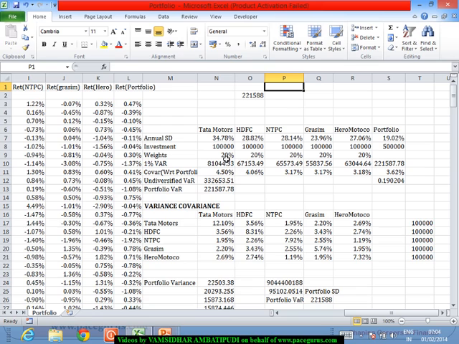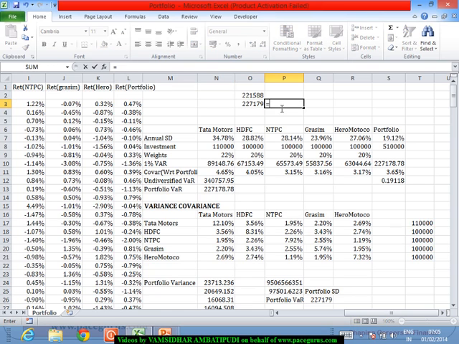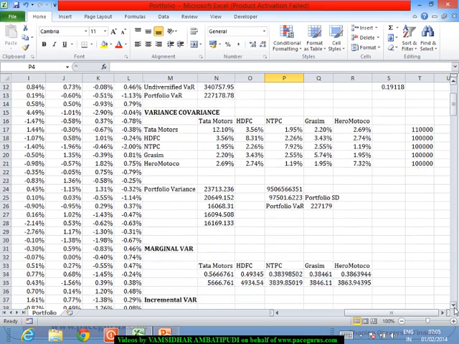Now what I would like to see is, if I am investing 110,000 in this without changing anything else, my portfolio VAR has actually become 227,178 or probably 179. That is the change to the portfolio VAR. And the difference between these two is what we call incremental VAR. 5591 is the incremental VAR.